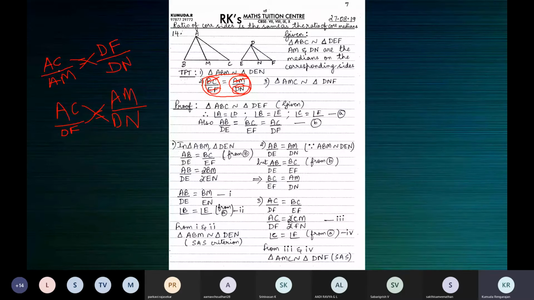See here, this is the side of one triangle and the median of the same triangle. You can also write it like this. So you must write here the corresponding side of the other triangle and the corresponding median of the other triangle.